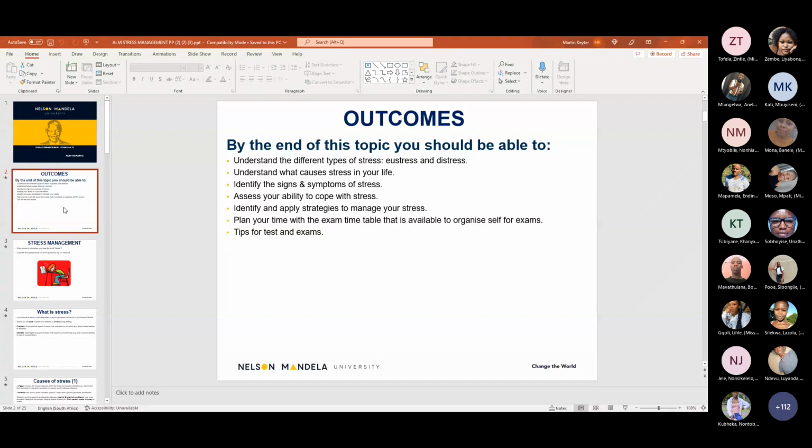Assess your ability to cope with stress. That in a way assesses the skills that you have developed to date to be able to cope and manage the stress effectively, because that's the whole purpose of it. Stress will not go away.